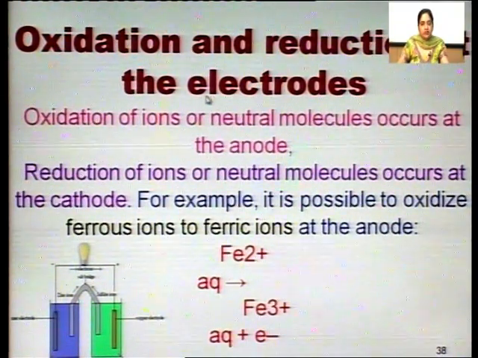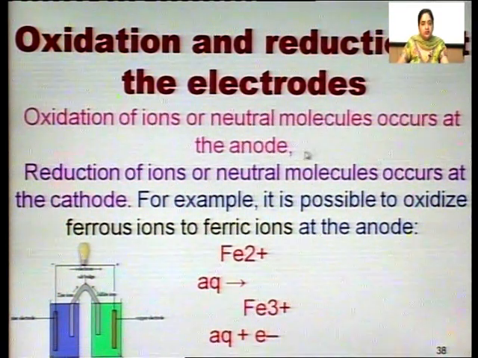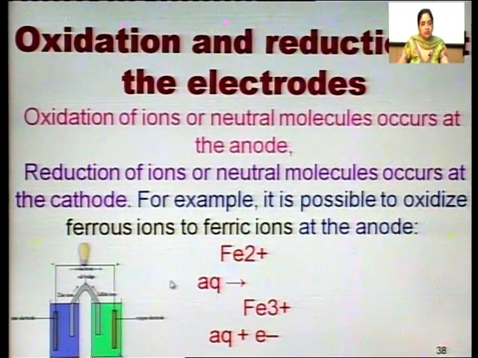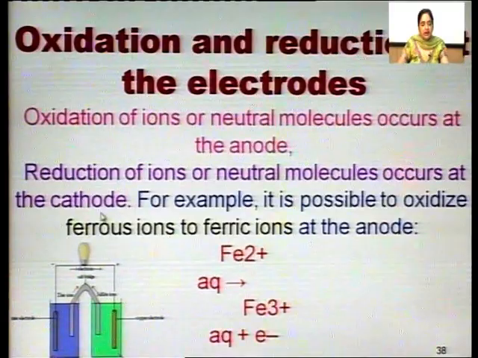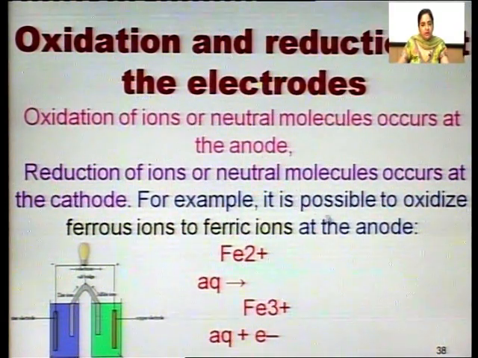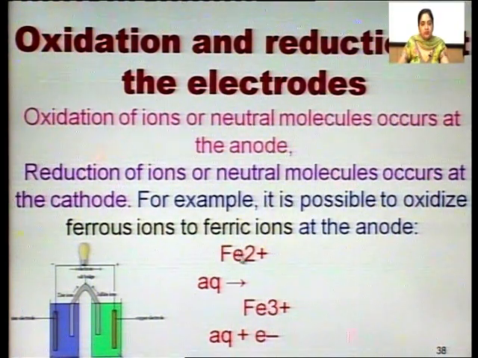Oxidation and reduction at electrode. Oxidation of ions or neutral molecules occurs at the anode. The reduction of ions occurs at the cathode. For example, it is possible to oxidize ferrous ion Fe2+ to ferric ion Fe3+ at the anode.